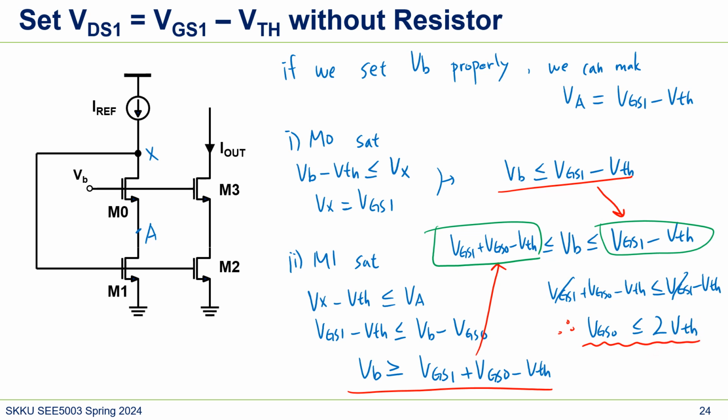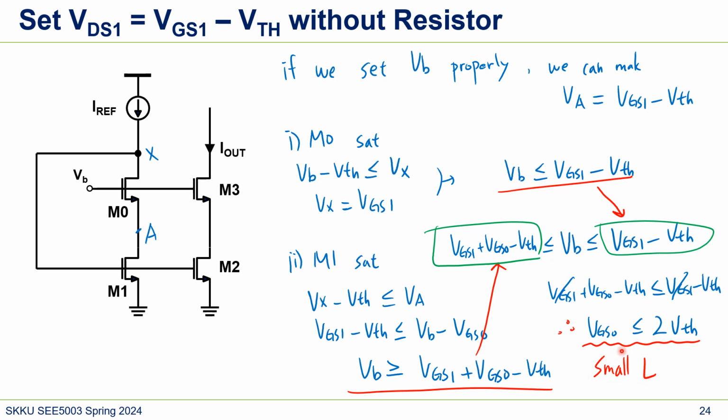To do so, what we need is small W0, small L. Not small W0. We need small L. Because this M0 also has to flow this IREF, to do so we need to reduce VGS0, right?